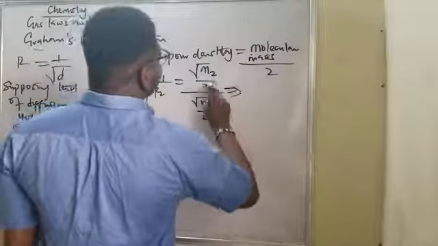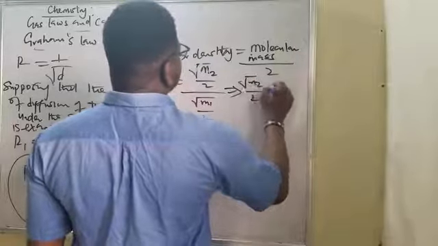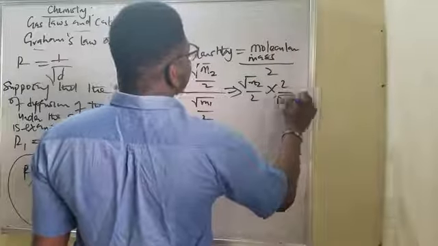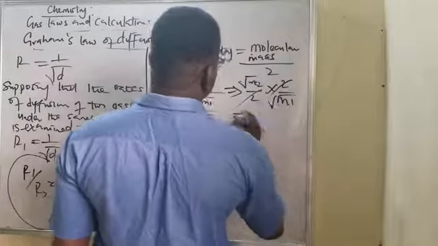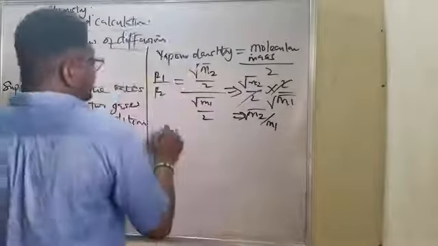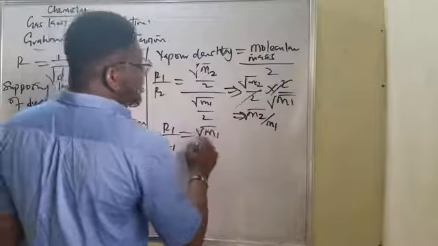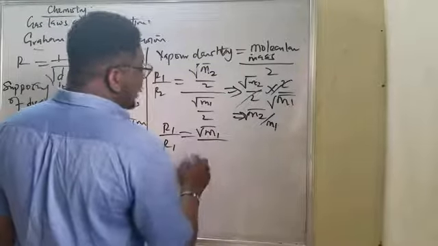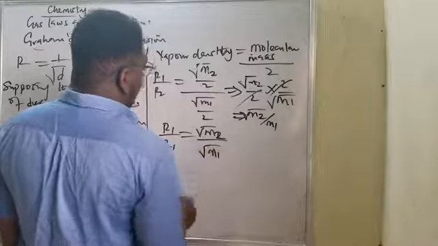The 2s cancel, so I'm left with the square root of M2 over M1. So my rate 1 over rate 2 is still equal to the square root of the molecular mass of 2 over M1.